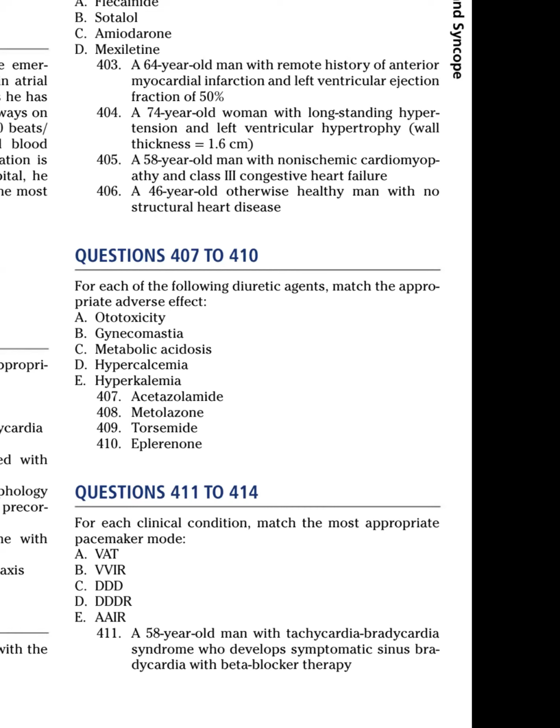Then the third position is referring to the response to the sensing. And response to sensing could be no response, or it could be triggered, or it could be inhibited. While the fourth position is the programmability or the rate modulation. And in rate modulation, you can have either a non-response or a rate modulation.